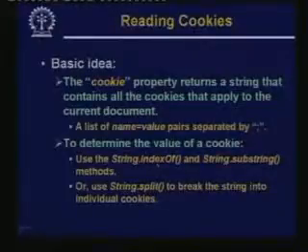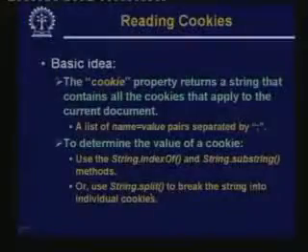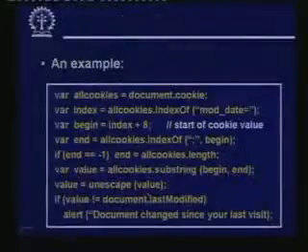See, indexOf is basically a method which searches for a particular substring within a string and returns the starting point of that substring in the string. And similarly split can break up a string into individual substrings, an array of substrings. Okay, we shall see this. Now, the example is like this.